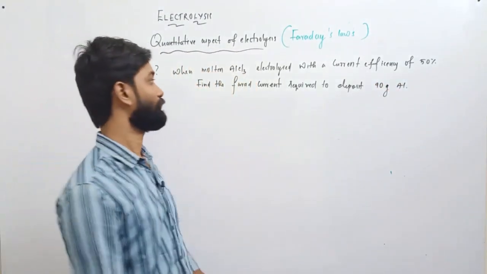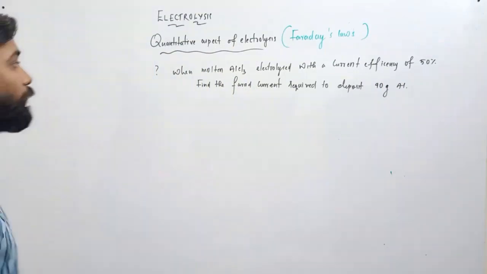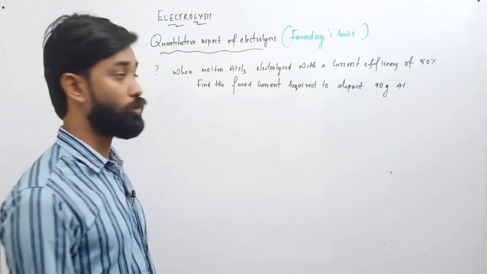It's a good question. So when molten AlCl3 is electrolyzed with a current efficiency of 50%.